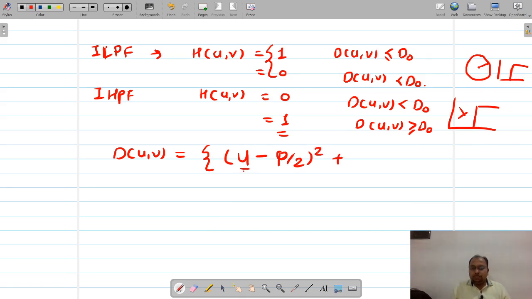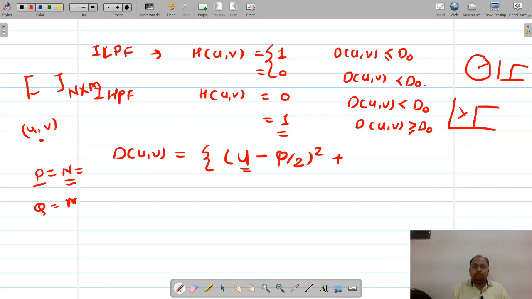What is u? Let us say this is my point, having coordinates (u,v). And now P, what is P? P is nothing but the number of rows, or we can call this N. Let us say I have an image of size N by M. Then this is my P, and Q is nothing but M, that is the number of rows and columns.